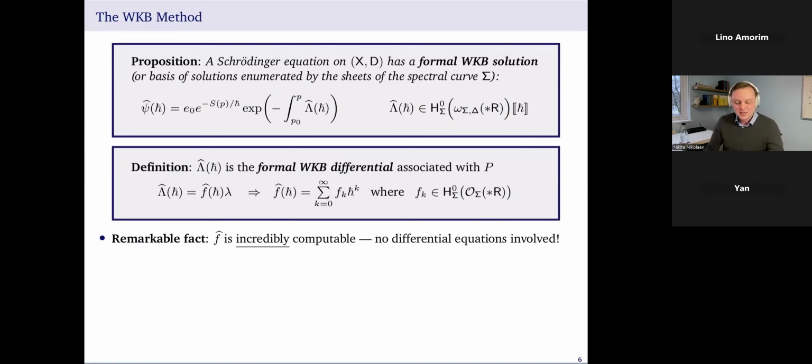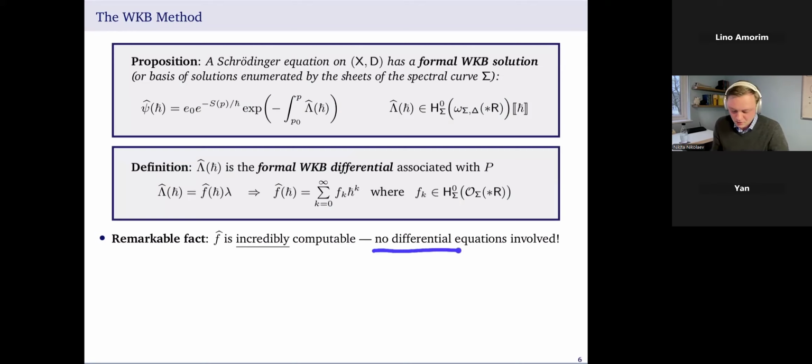Okay, so now let me speak about this power series f hat. That's the star player now. Everything has been boiled down to understanding this f hat. I've already mentioned it, but the coefficients of this power series are incredibly computable.